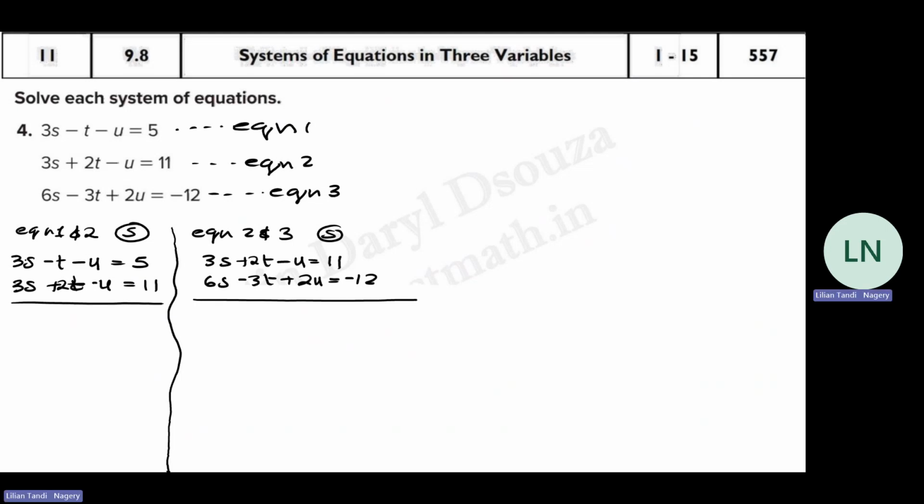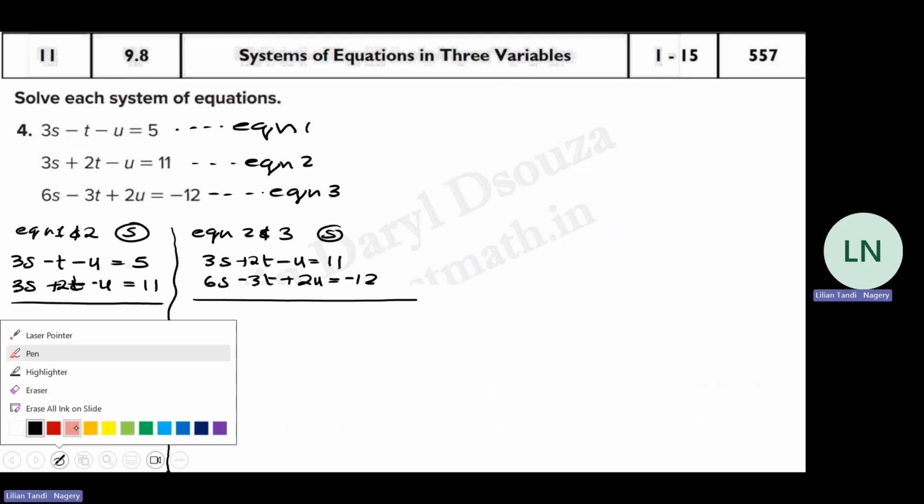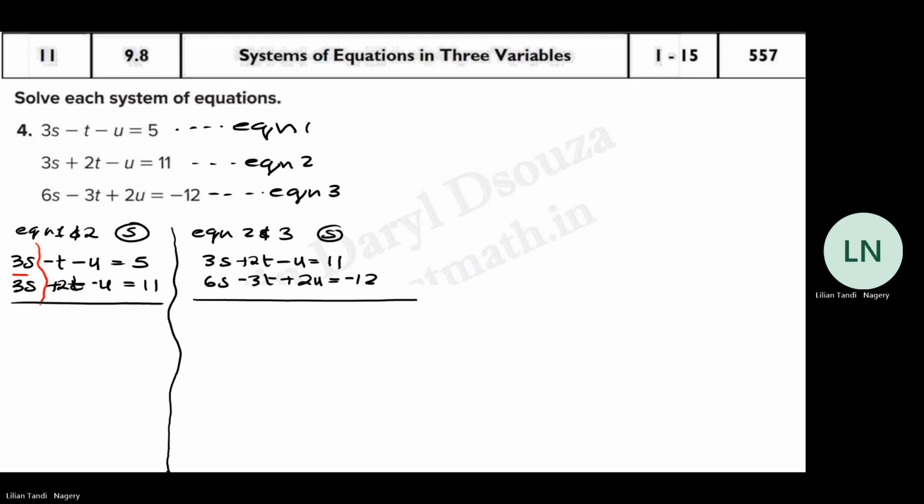Already here, my coefficients are the same, so in my house, I'll just minus. This becomes 0, this becomes negative 3T, this becomes 0. Negative 3T equals negative 6. Divide by negative 3. T equals 2.